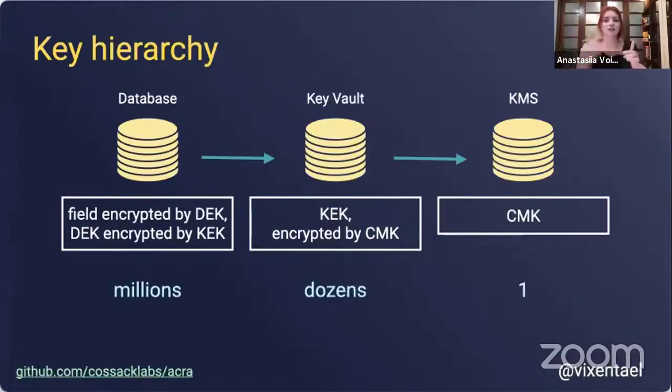Those symmetric keys, data encryption keys, DEKs, will be encrypted with key encryption keys that can be symmetric or asymmetric. Those key encryption keys are usually stored in a key vault, in an intermediate key storage. They are encrypted with a customer master key that is stored in KMS. So the key hierarchy is a little bit longer, but as I mentioned, it's more flexible for key rotation because you can do key rotation without data encryption.